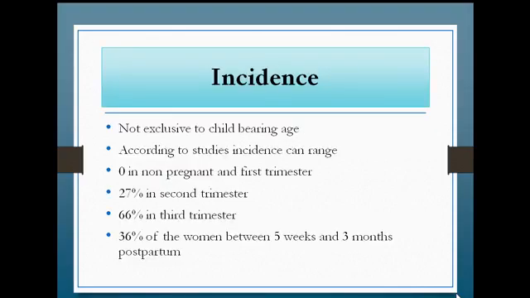This can occur in non-pregnant women and in men as well, but the main complication is in pregnancy. In non-pregnant women and men, bad posture and the way they lift heavy weights can cause separation of the rectus abdominis muscle, or some hormonal changes.